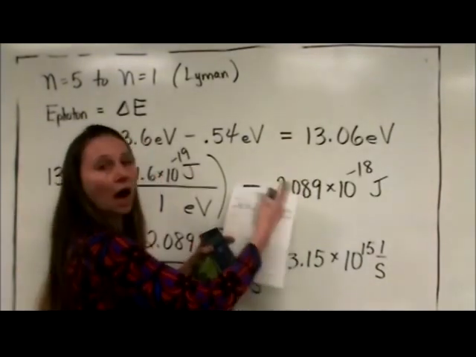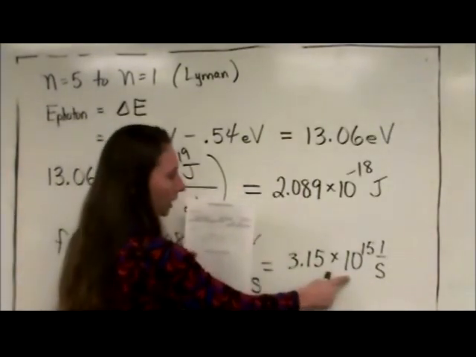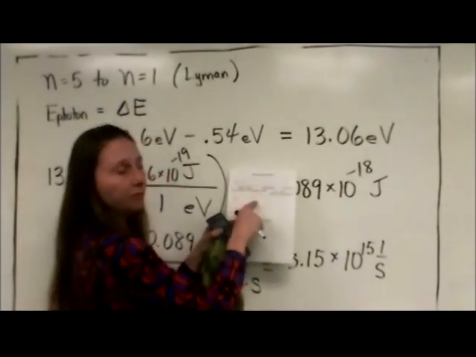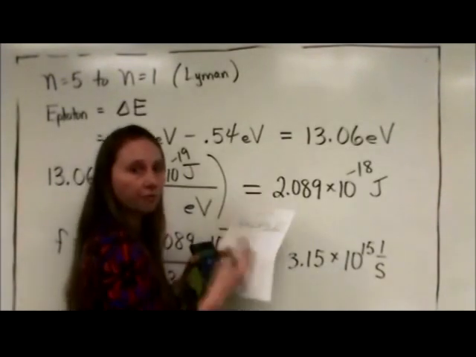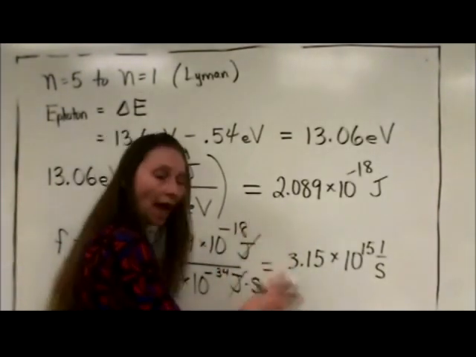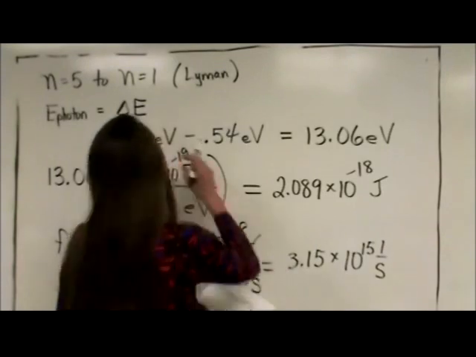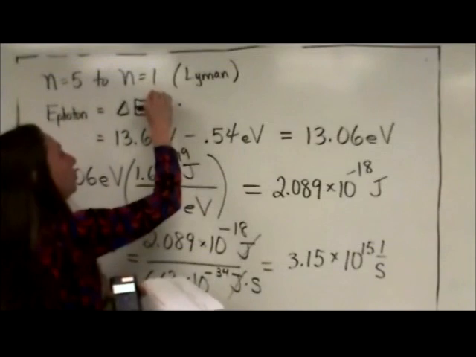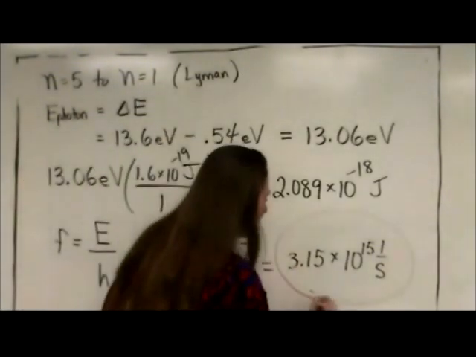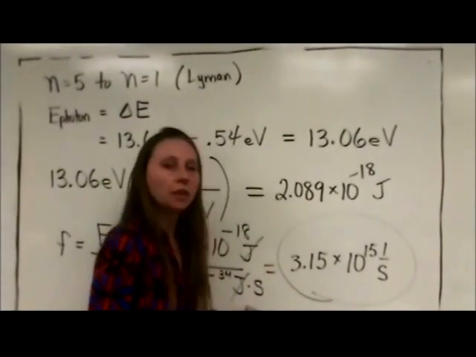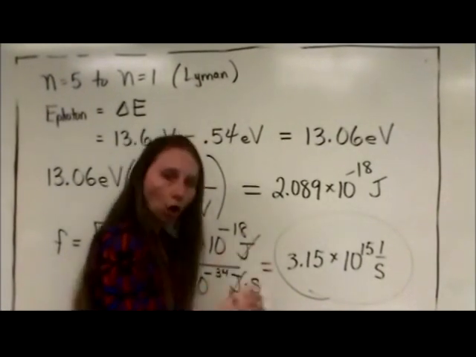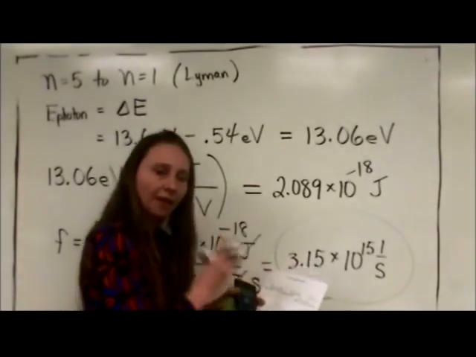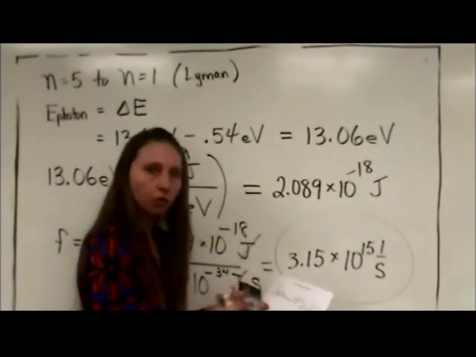So we want a higher frequency. This is a little bit higher than violet light. Frequency of 10 to the 15th is in the ultraviolet range. So we have proven that when the electron fell from n equals 5 to n equals 1, the type of light that was emitted, the Lyman series, is ultraviolet light. We got the frequency, and it says right here that that frequency would be ultraviolet light.